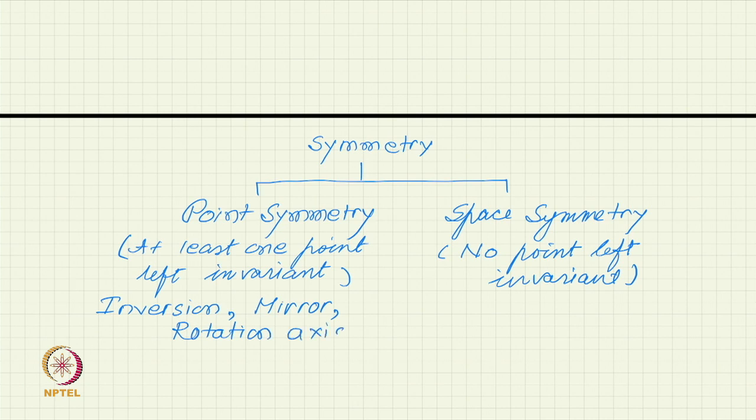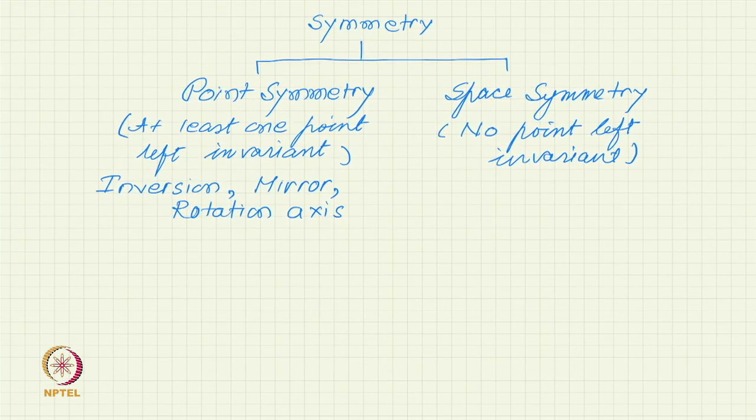In fact, we have looked at 5 rotation axes and 5 roto inversion axes as our crystallographic point symmetry operations. So, those were all point symmetry operations or point symmetry groups. One bar is the inversion center, 2 bar is a mirror plane.